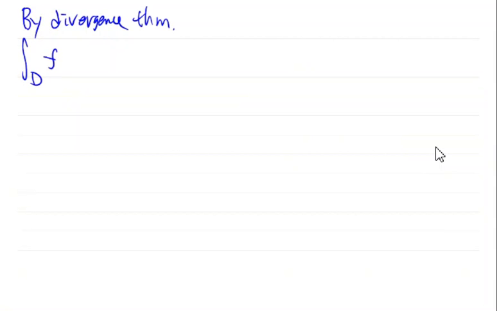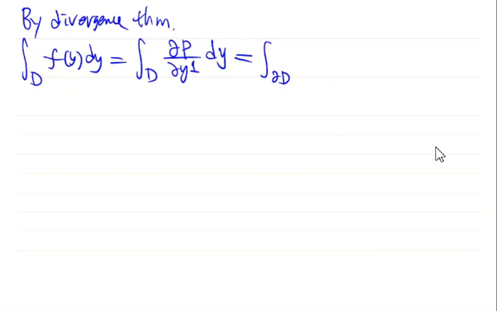So by the divergence theorem, the integral of f of y dy, that is the integral of the partial derivative of P with respect to y1, is the integral over the boundary of P nu 1 d sigma, the boundary surface integral.